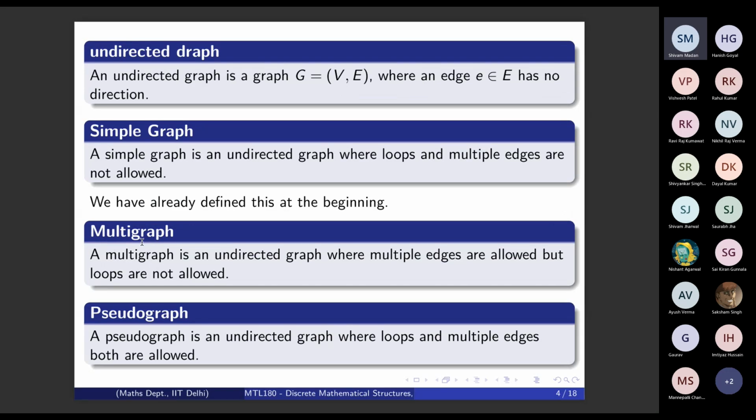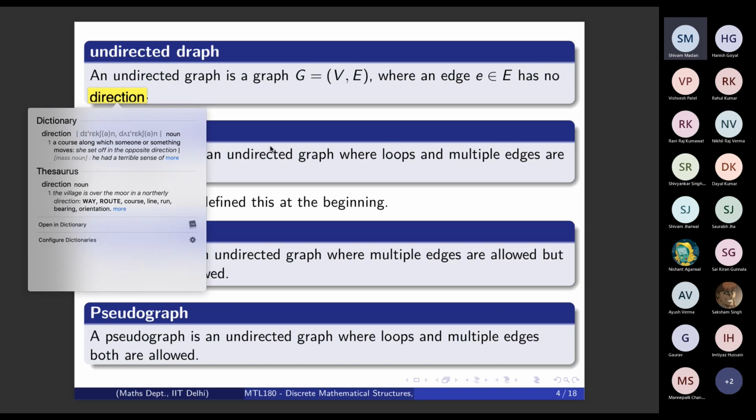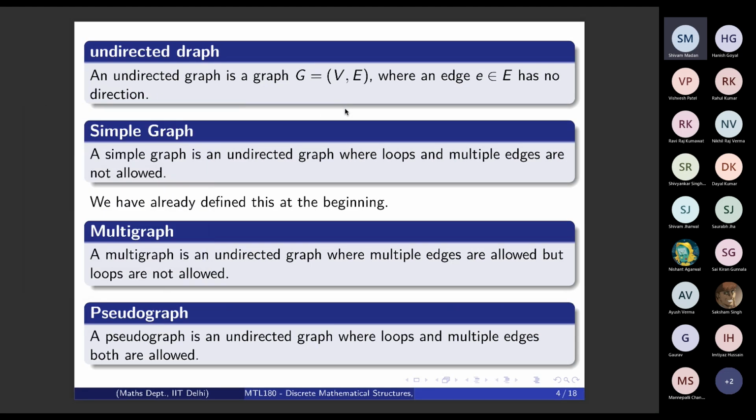Now what is an undirected graph? An undirected graph is just a graph where the edges have no direction. That means UV and VU are both the same. So we mainly focus on the undirected graph. Now, what is a simple graph? A simple graph is an undirected graph where loops and multiple edges are not allowed.